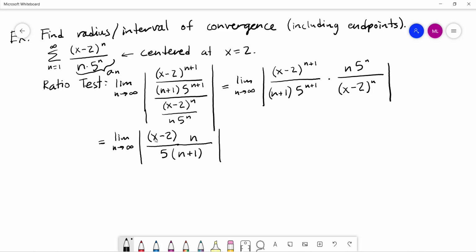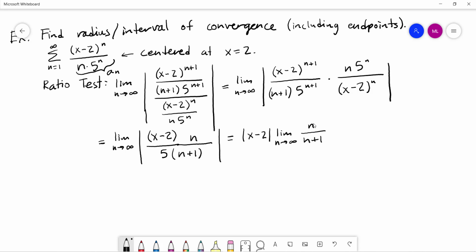So I'm going to apply the absolute values just to the x minus 2 and pull that outside of my limit. So I'm going to have the absolute value of x minus 2 outside of the limit, and then inside the limit, it's n over n plus 1. I don't need to worry about the absolute value symbols because n starts at 1 and goes to infinity. Both of those terms are positive anyways.